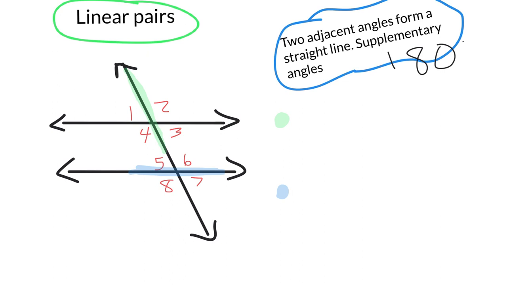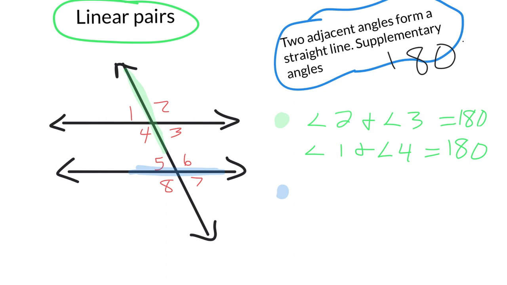So here we go. Linear pairs. Some examples would be angle 2 and angle 3 because they add up to 180, and angle 1 and angle 4 because they add up to 180. Now, of course, there are other ones, but I'm going to stop there. Angle 5 and angle 6, those add up to 180.